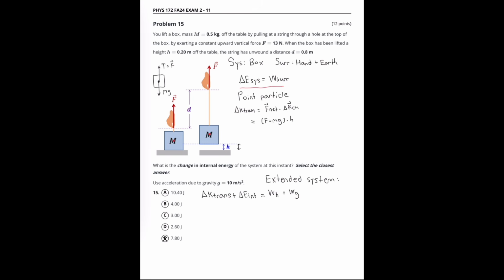So now that we have that, we can further simplify that. So we have F minus mg times h plus our internal energy is equal to our tension force that we apply on the string times the change in r, plus work done by gravity, which is mg times the change in position.